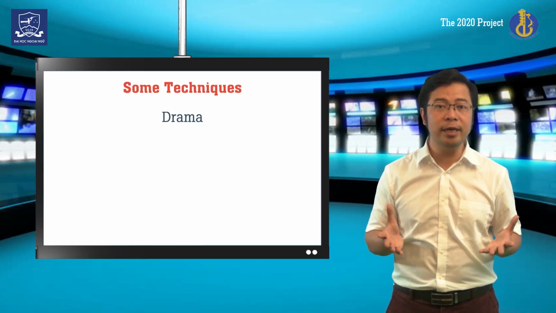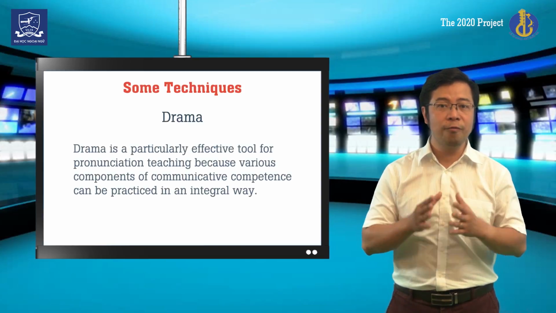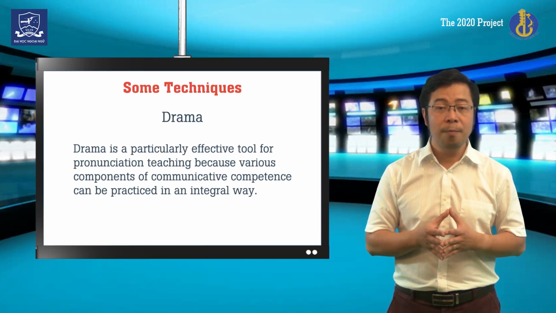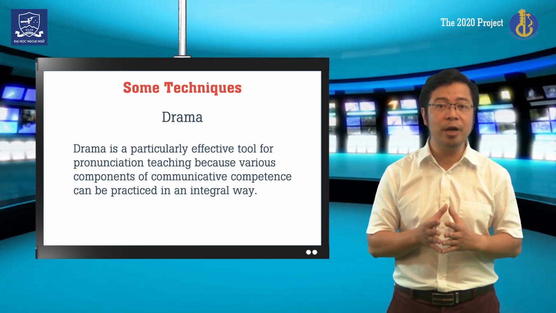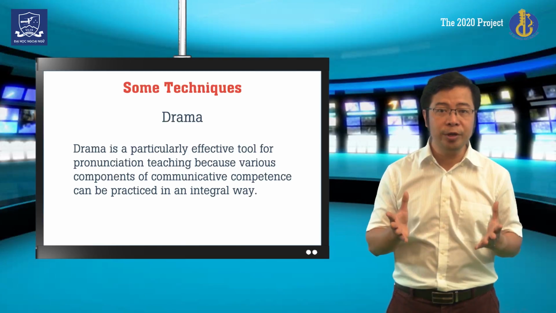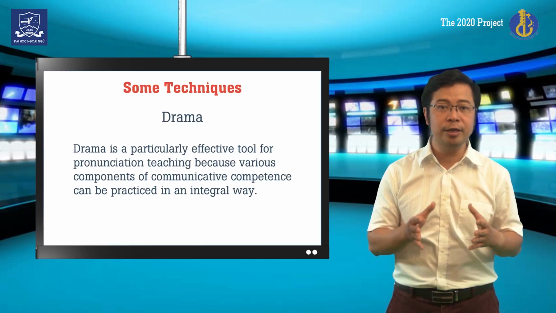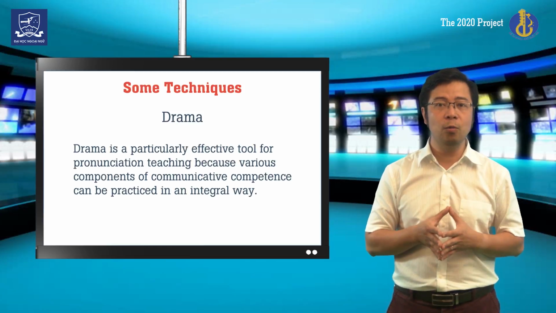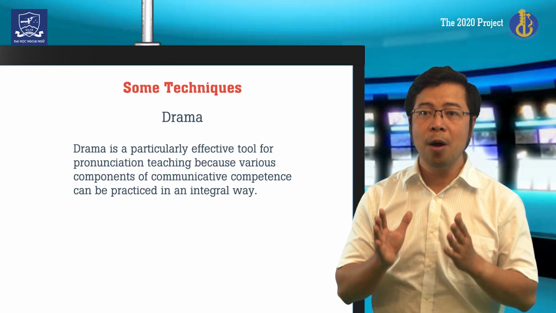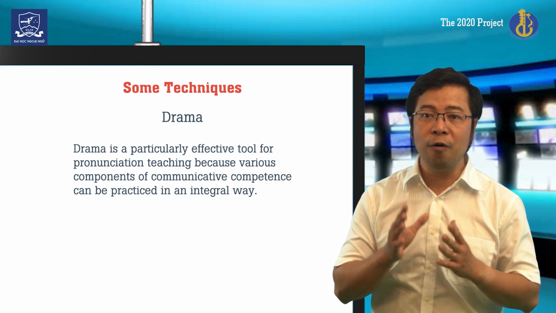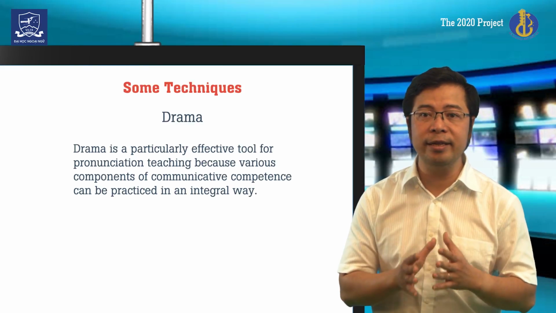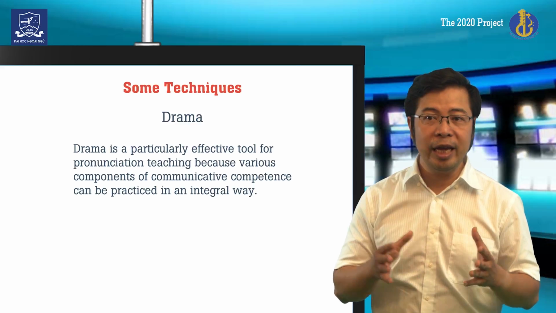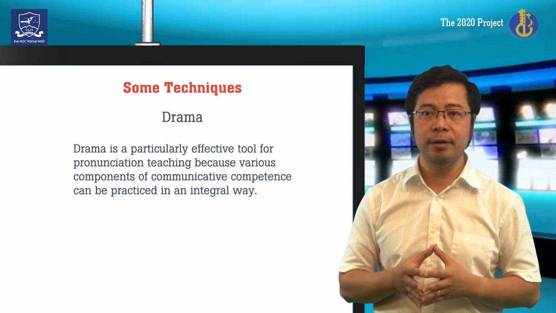Drama is a particularly effective tool for pronunciation teaching because various components of communicative competence can be practiced in an integral way. Stern proposes a method for using 8 to 10-minute scenes, usually involving 2 characters.